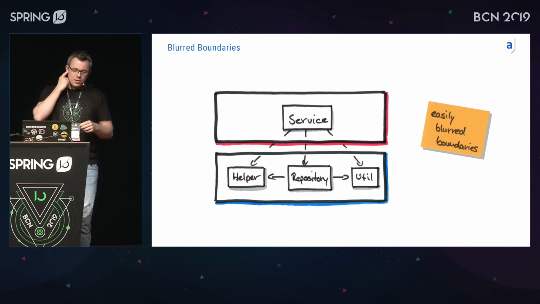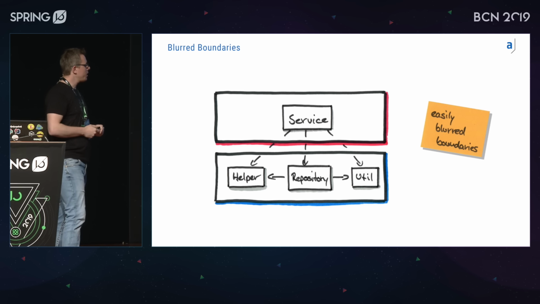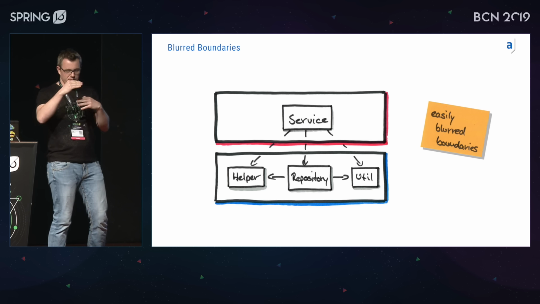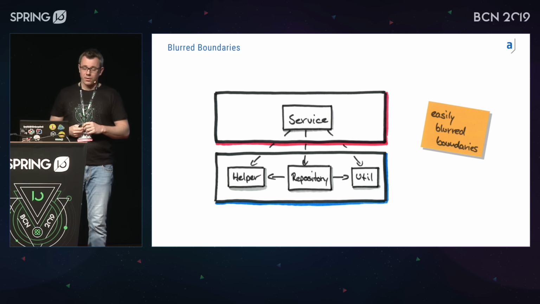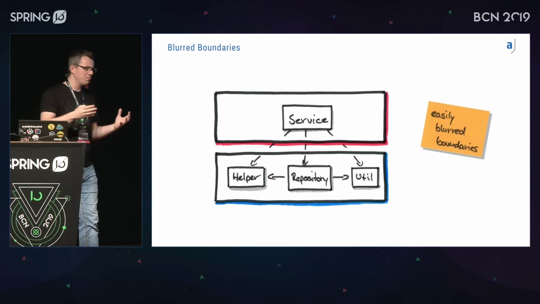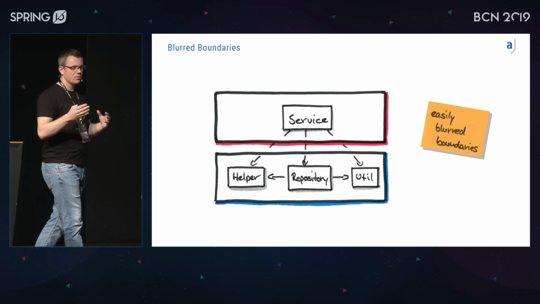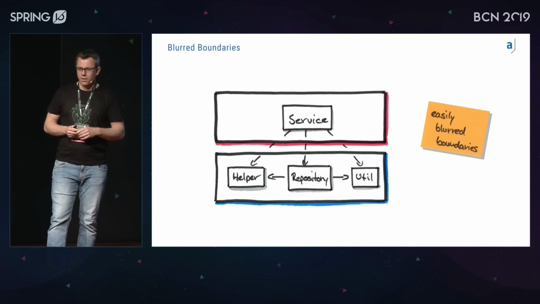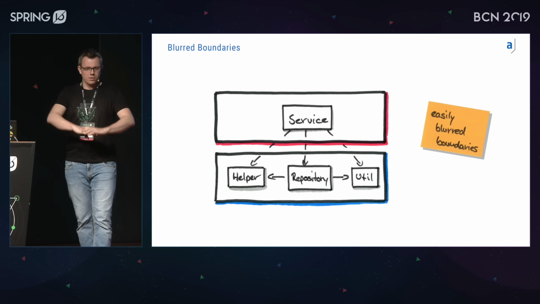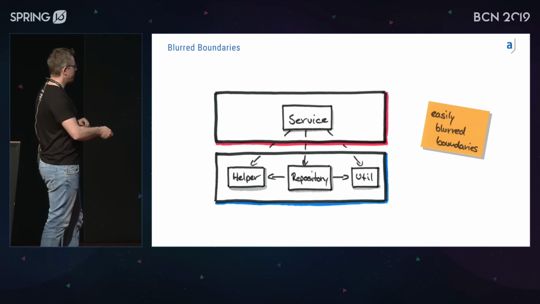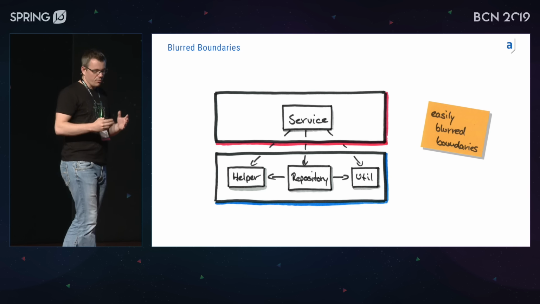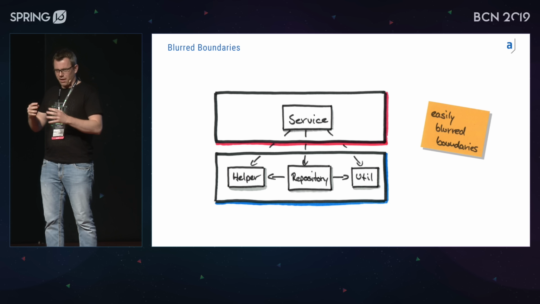The next thing about layered architecture is that we're usually having this service layer, this domain layer, and if we have certain classes that are used throughout multiple layers, we just push them to the bottommost layer because everyone can access them. So we have utility classes and perhaps other classes that are needed everywhere.